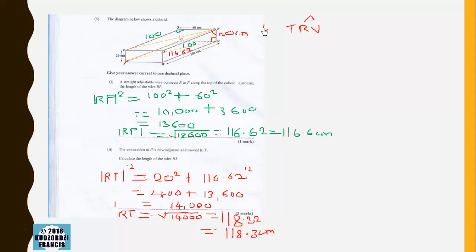So the tangent of angle TRV will be equal to opposite over adjacent, which is 116.62 over 20. So this will be equal to 5.831.